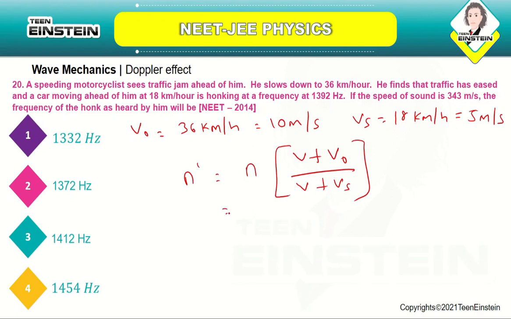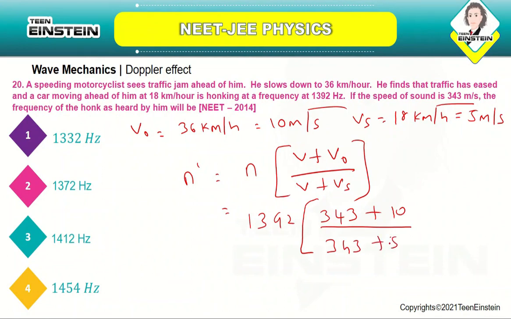Here they have given the speed of sound as 343 meter per second and the n value as 1392 Hertz. You know what the V0 value and the Vs value are, so you just substitute here. It will become 1392 into (343 plus 10) by (343 plus 5).